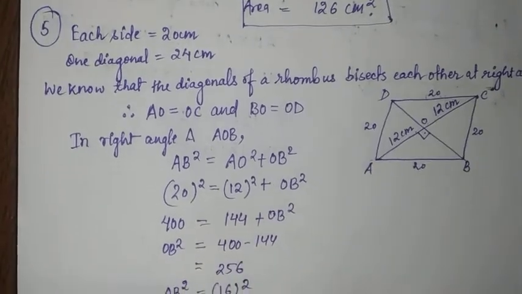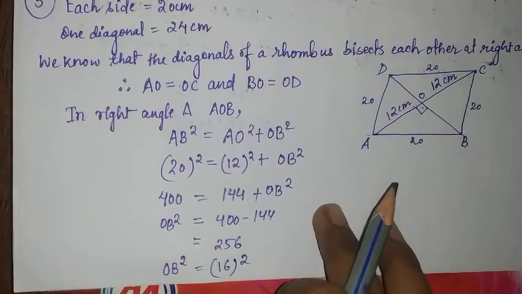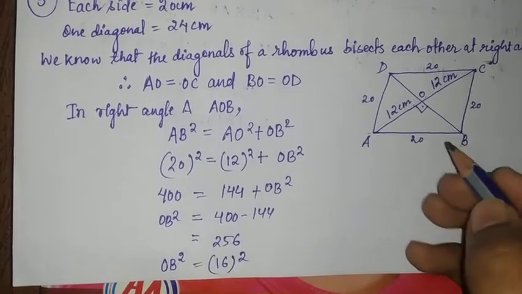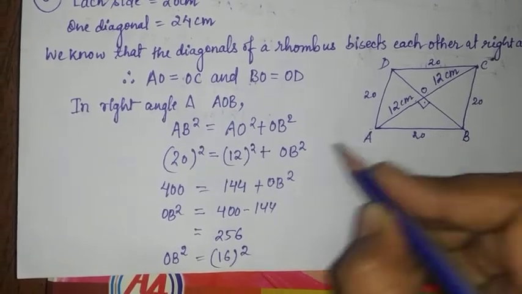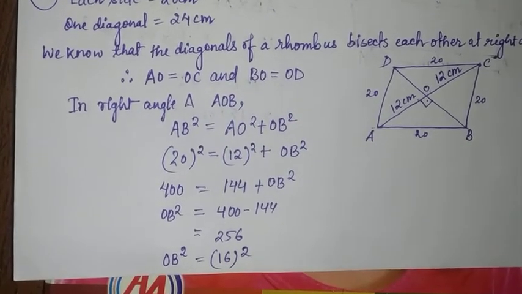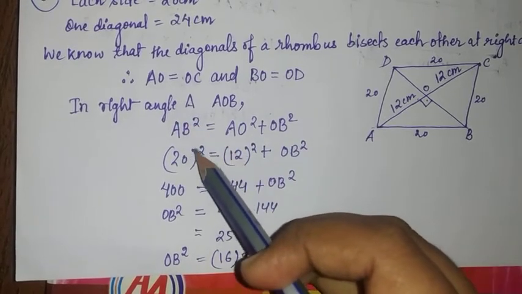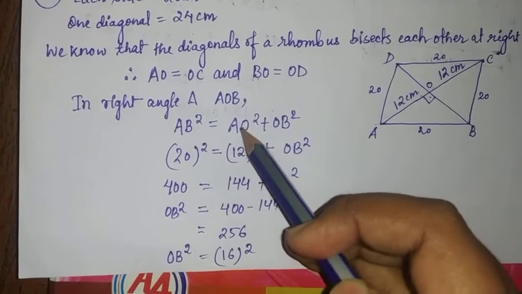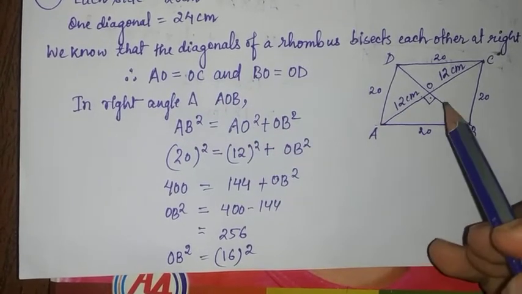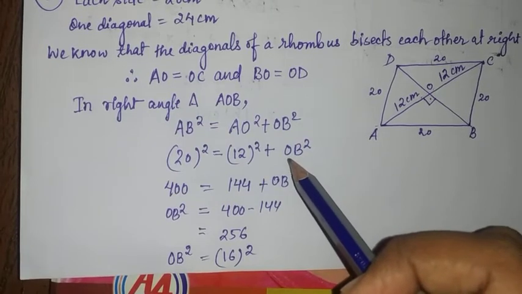So in triangle AOB, what's given? AB square is already given. So AB square is equal to 20 square, which is equal to AO square, that is 12 square, plus OB square.